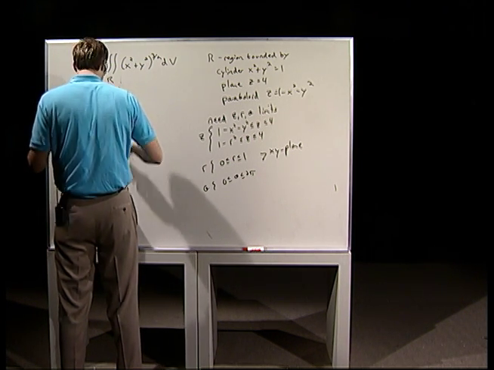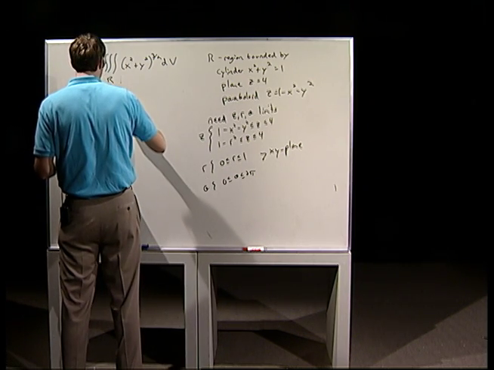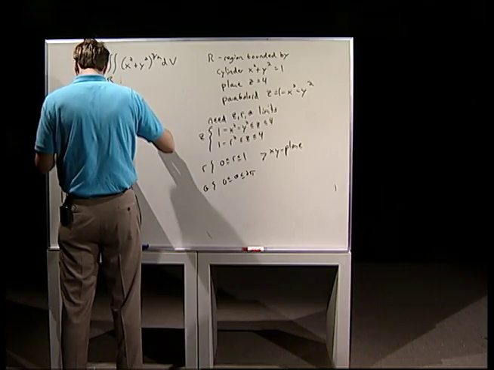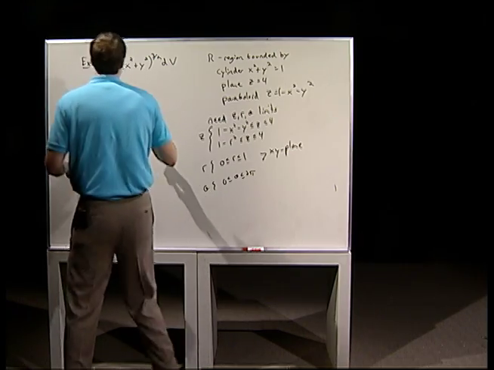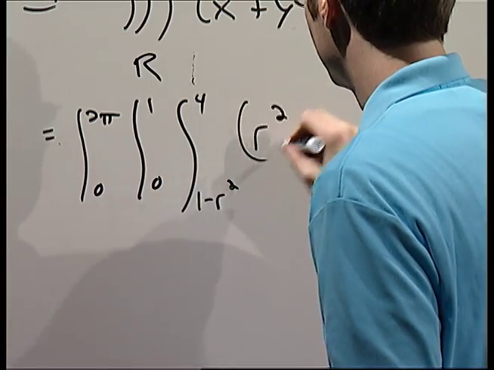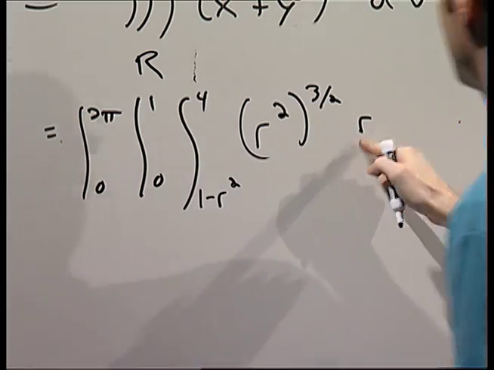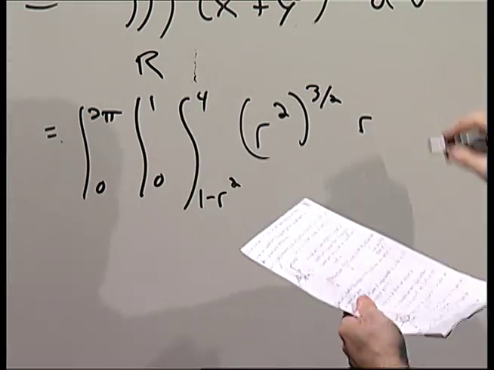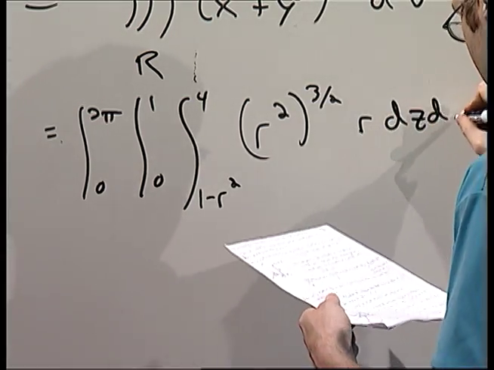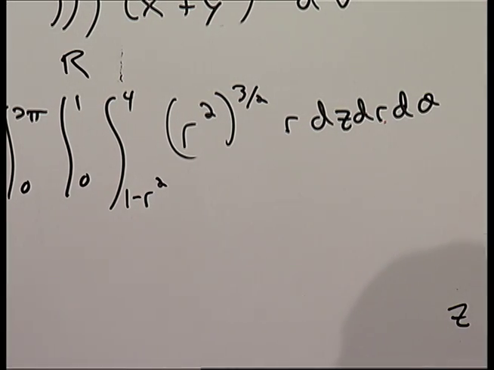We'll go from outside to in: theta, r, z, with z from 1 minus r squared to 4. This is r squared also, so r squared to the 3/2 power. Extra factor of r, don't forget about that. That's a commonly made mistake. dz dr d theta.